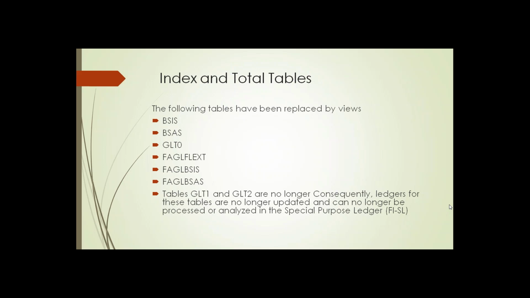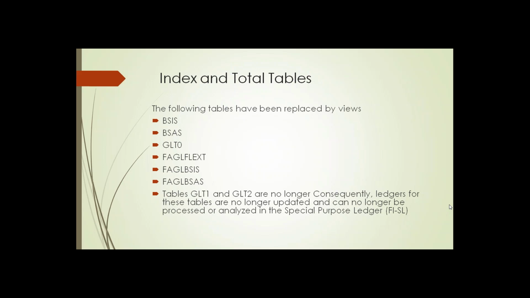And the reason why these tables will be removed is till now we were storing the data in different tables. So when we perform the transaction, the transaction is stored in BKPF as the document header and BSEG as the line item. Now this BSEG as a line item was not having many fields, so only the relevant fields are available, and whatever fields were needed extra for performing my open and clearing items, I was storing in these tables BSIS and BSAS.